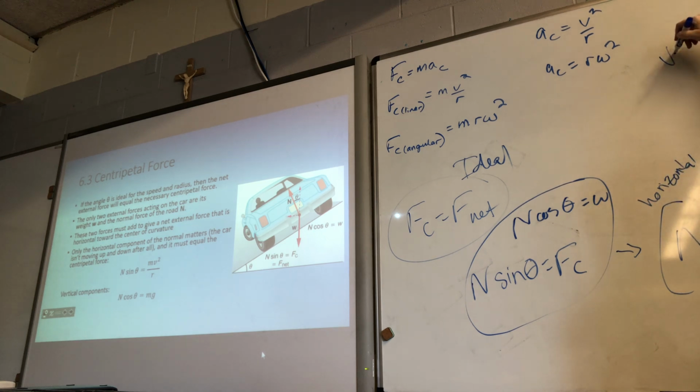The vertical components of an ideal banked curve are going to be n cosine theta equals mg. So W. All we did was rewrite these two equations to include their full definitions, right? Do you see what I did? Do you understand why I did what I did?